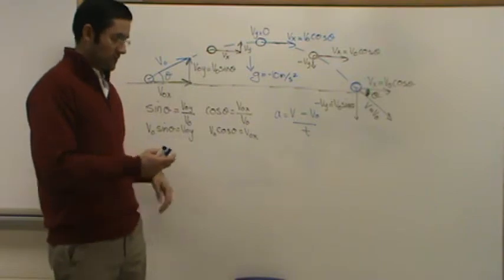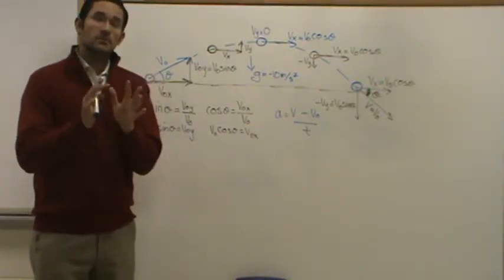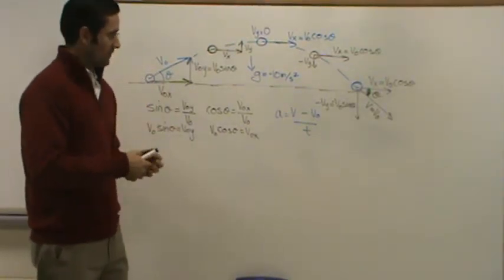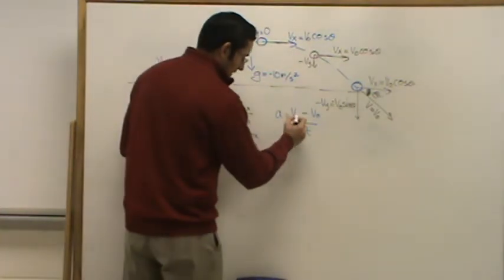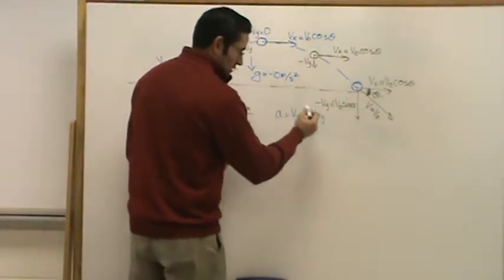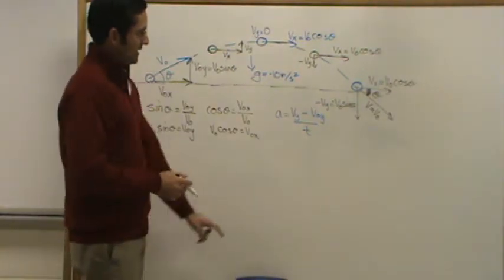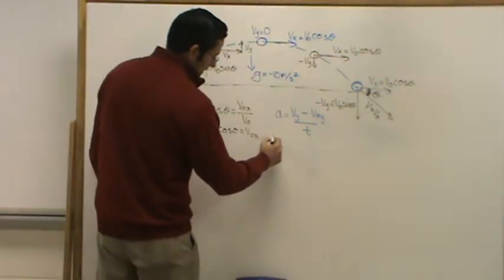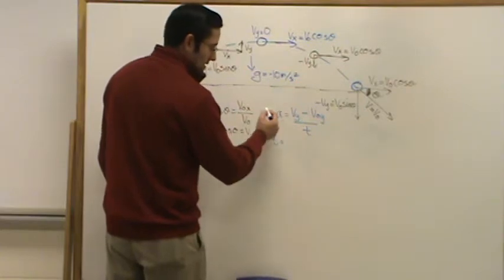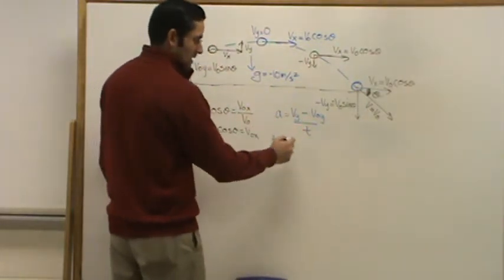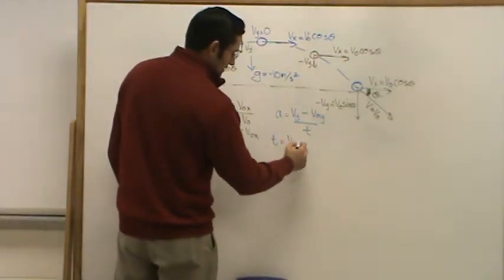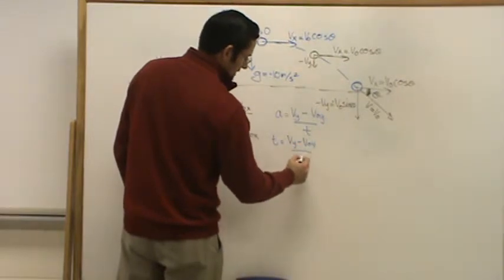So I'm going to go with variables from the y-axis because that gives us more information. So I'm going to take the final y velocity, the initial y velocity, the subscript y reminds me that I'm using the y-axis, and I'm going to solve for time. So time is going to equal, I'm going to bring time over to the left side of the equation, bring the acceleration to the right side of the equation, final velocity minus initial velocity over acceleration.